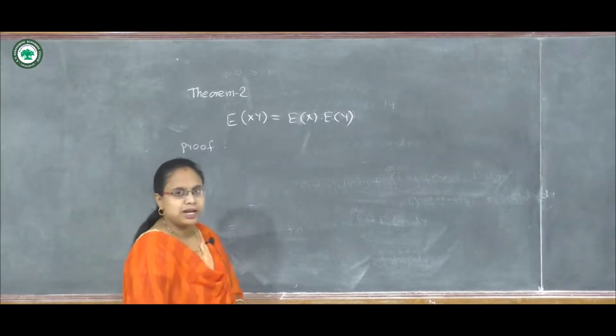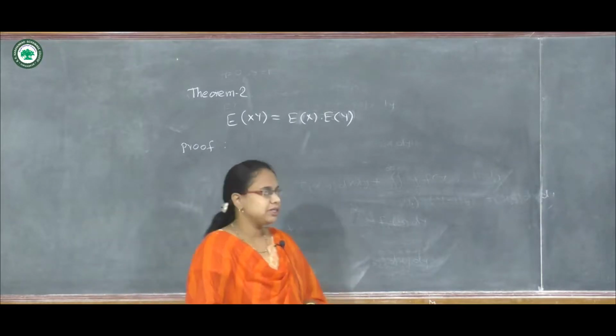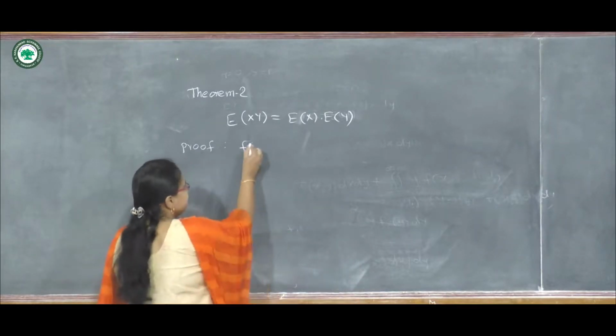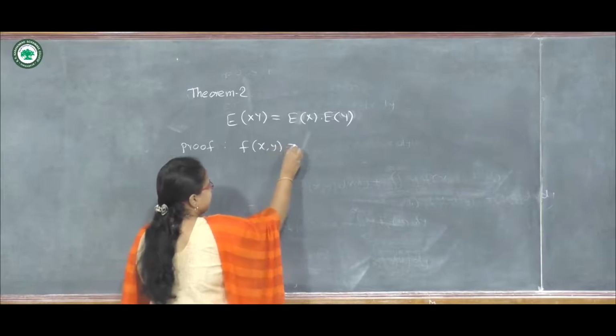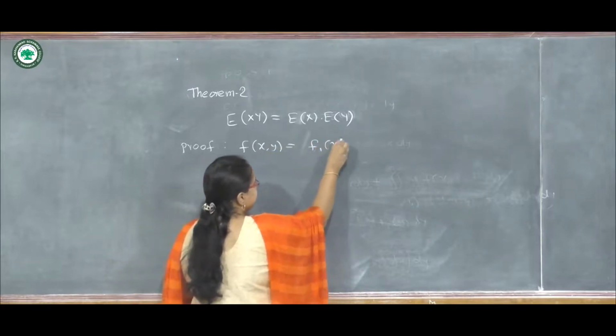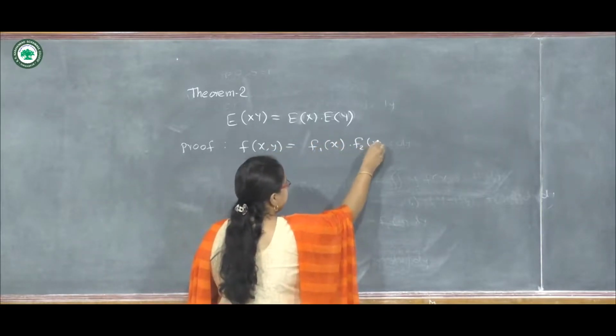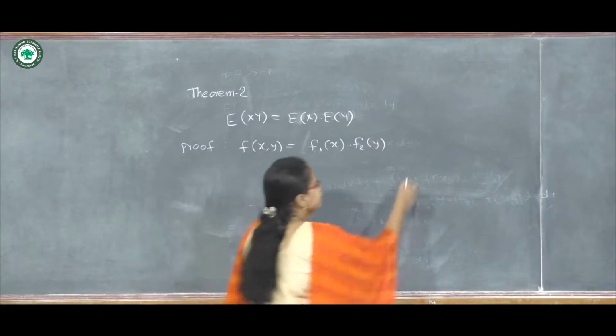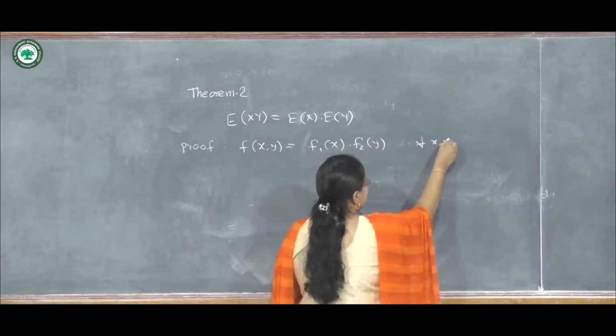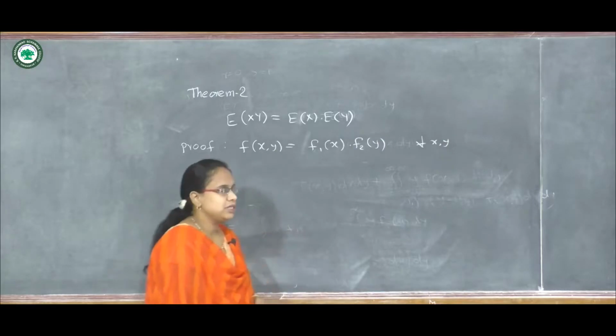We are given that X and Y are independent random variables. So we know that f(x, y) should be the product of the marginal PDFs for all x and y. So this is the condition.